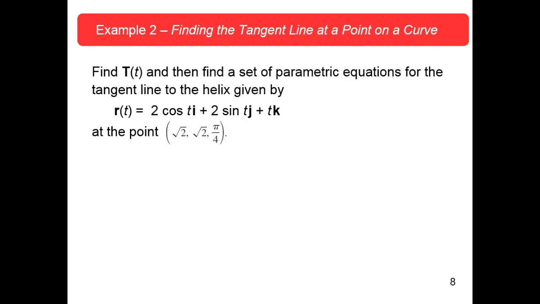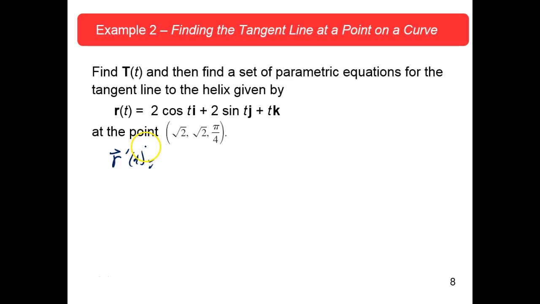Here's example 2. Find the unit tangent vector, that's what capital T of t is, and then find a set of parametric equations for the tangent line to the helix given by this vector here. Okay? So, what is going to be your first step? Anybody? Yeah, take a derivative, r prime of t.